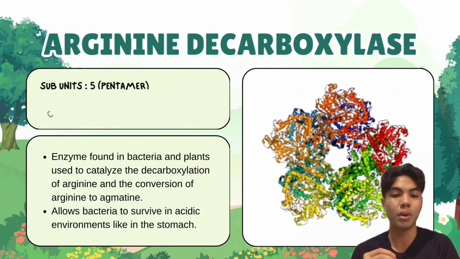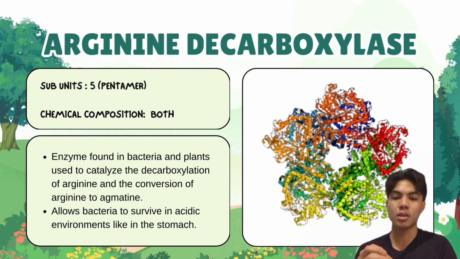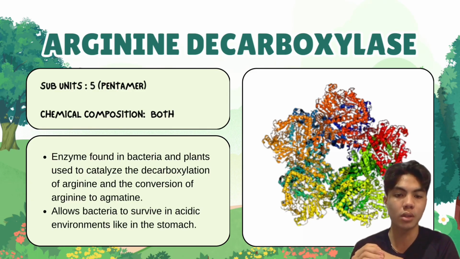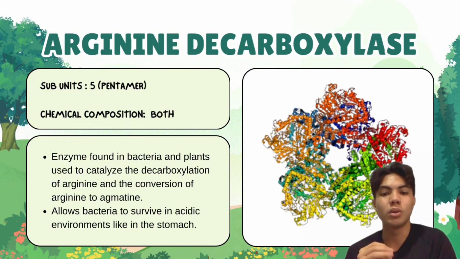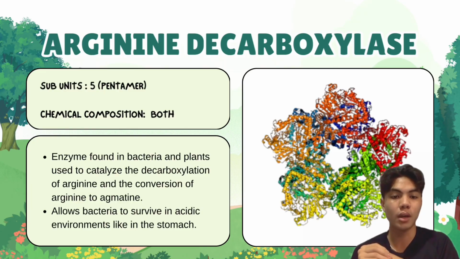Arginine decarboxylase is a pentamer protein, however, it exists more commonly as an enzyme. It is an enzyme found in bacteria and plants used to catalyze the decarboxylation of arginine, the conversion of arginine to agmatine, producing carbon dioxide. It also allows bacteria to survive in acidic environments.